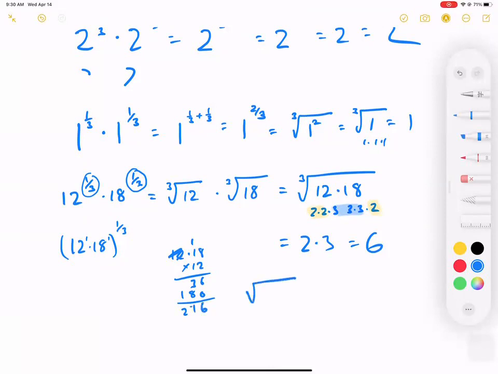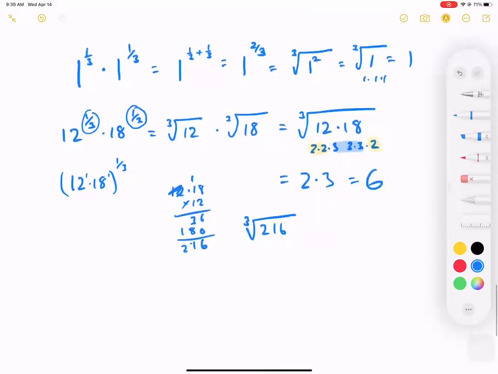And the cube root of 216, which I don't know, but is 216 27 times 8? Because isn't it 3 times 3 times 3 and 2 times 2 times 2? See, so if you tried multiplying them out, it actually becomes more work. And my point is to not give you more work.